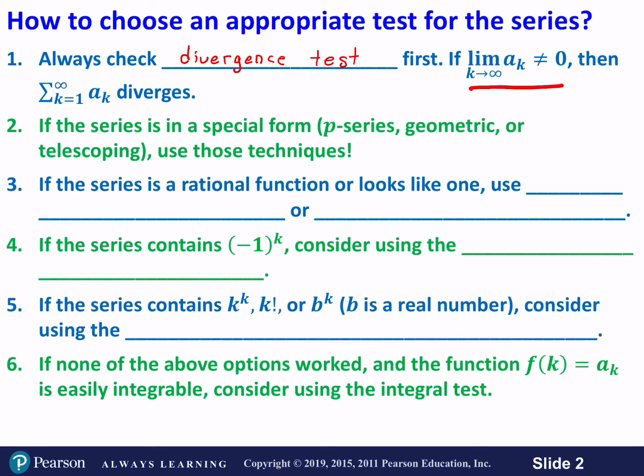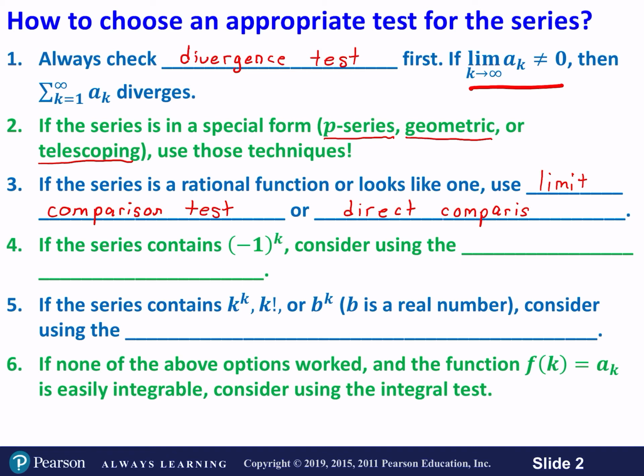The second thing you might think about looking at is whether it's a special form. So if it's a p-series, a geometric series, or if it's telescoping, then you should consider using the technique specific for those types of series. Thirdly, if the series is a rational function, or if it looks like one, then you should consider using the limit comparison test, or the direct comparison test.